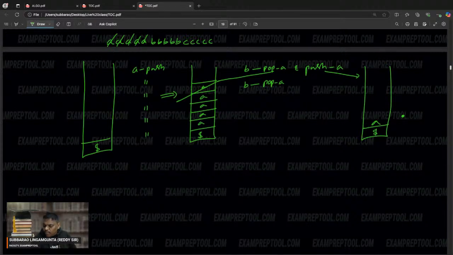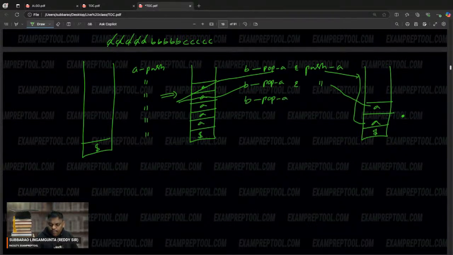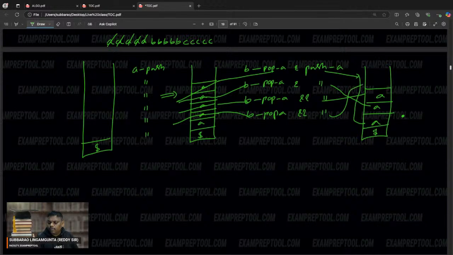For every B, pop A and push A. Then what happened is, this B cancels this A, so it will be pushed once again. For every B, pop A and push A.